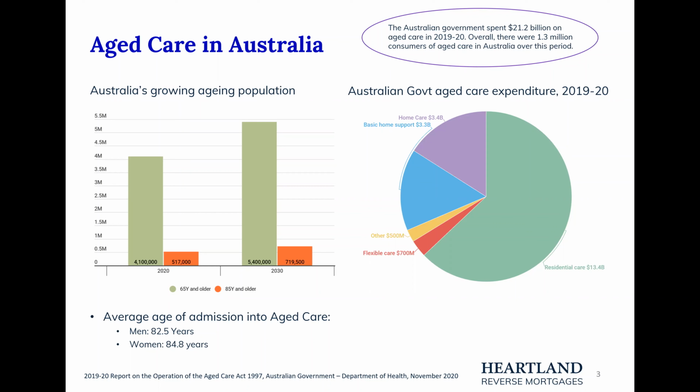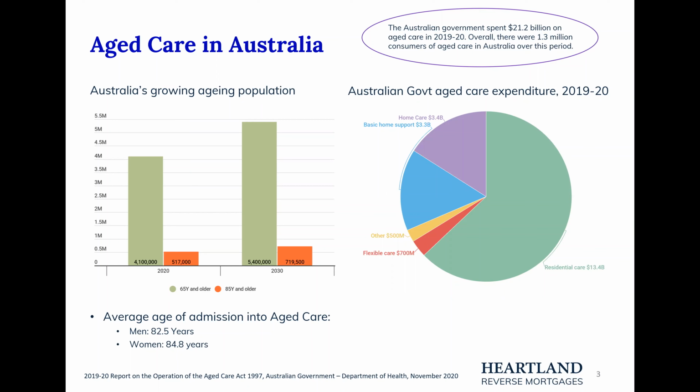The Australian government have therefore allocated $21.2 billion on aged care in 2019 to 2020. Overall, there were 1.3 million consumers of aged care in Australia over this period. It is also expected that government expenditure on aged care will increase by 4% each year, corrected for inflation.